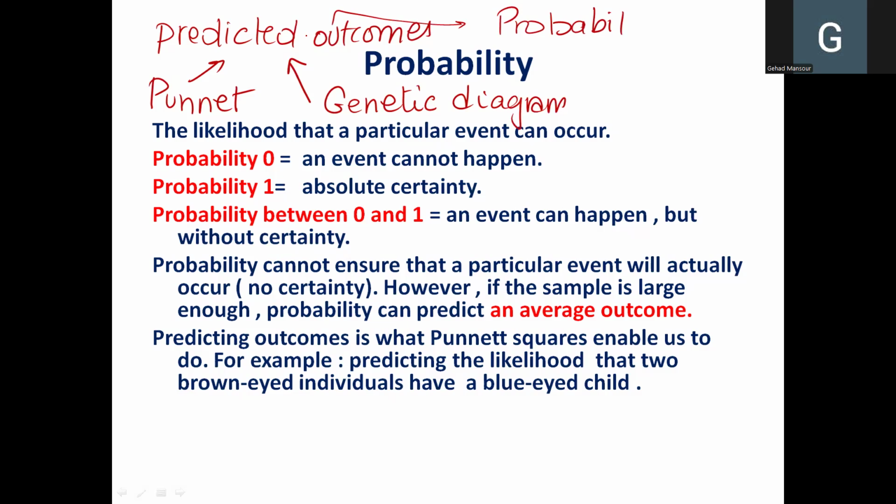So you can get the probabilities through a genetic diagram or a Punnett square, but they do not necessarily apply when you have a small sample. For example, when you have 2 kids only, you cannot prove this 50% probability of boys and girls, this 1-to-1 ratio.